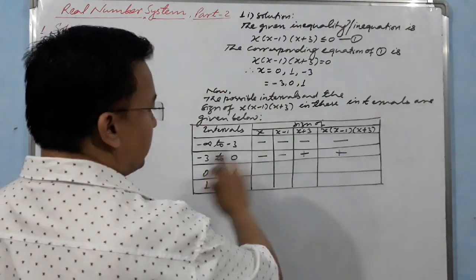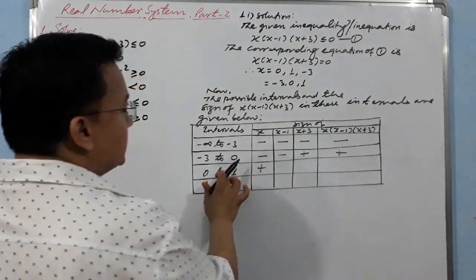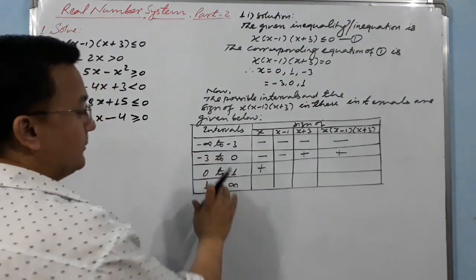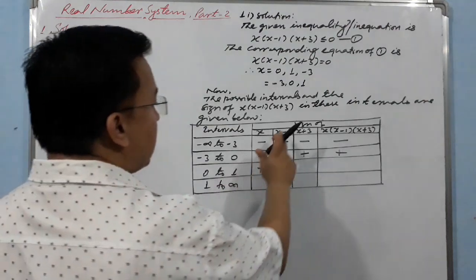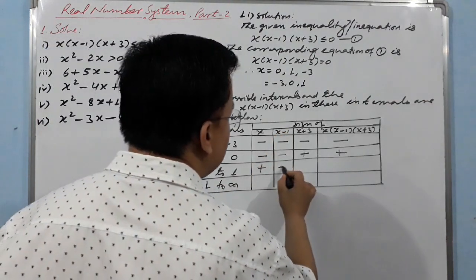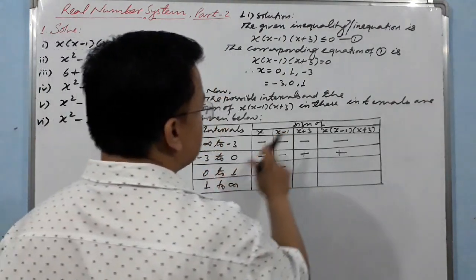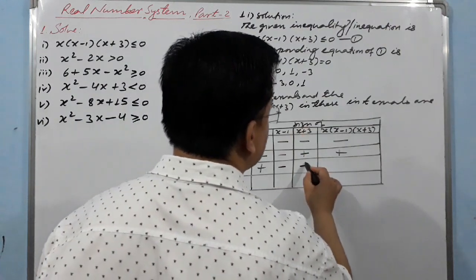Now 0 to 1, so I have taken 0.5; 0.6 you can take, it doesn't matter. For 0.5, x minus 1 means negative, and x plus 3 is positive.